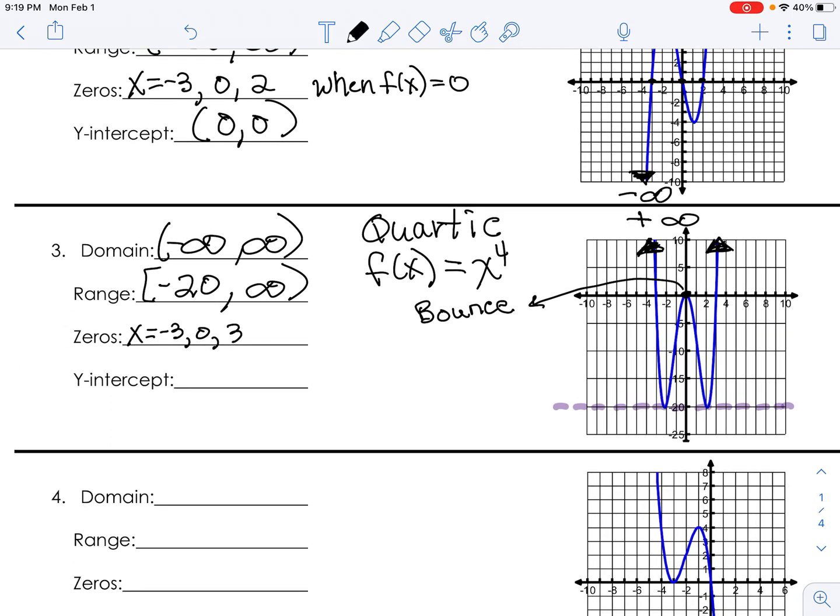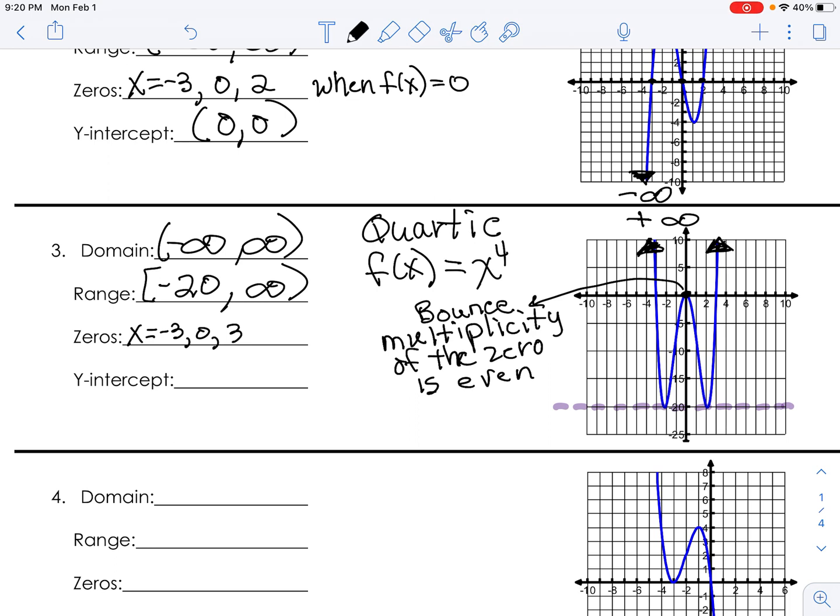When your polynomial bounces, in other words, it touches the 0 and goes right back in the same direction, we say the multiplicity of the 0 is even.